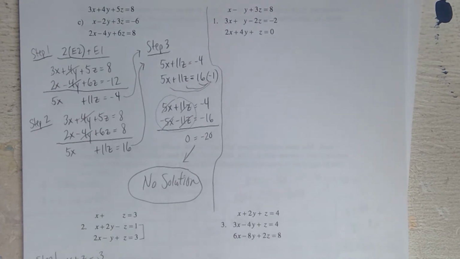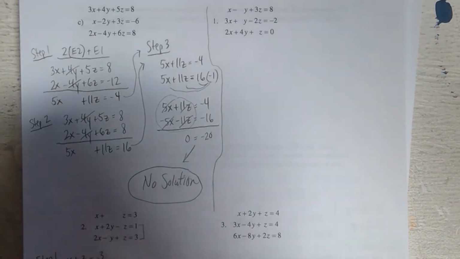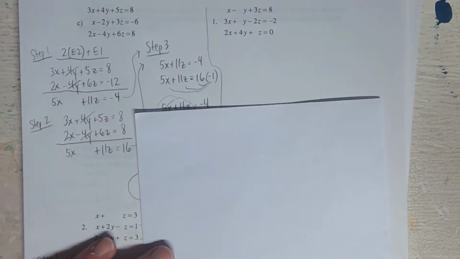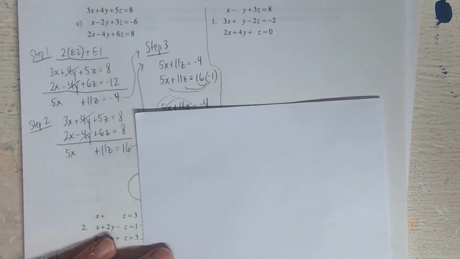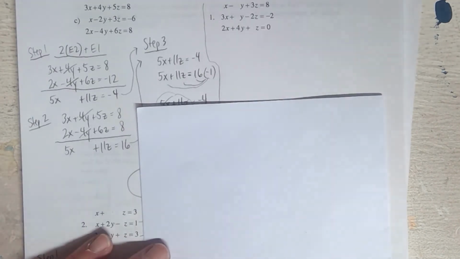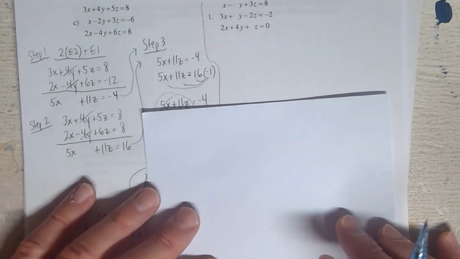Now, a couple other things here. First of all, there are so many multiplications, additions and subtractions going on in these problems. All it takes is one little mistake, and then all of a sudden... you don't have to write this down, this is just an example. This happens to a lot of students. They make one tiny arithmetic mistake, like accidentally saying 2 plus 2 equals 5 or 6 plus 4 equals 9.